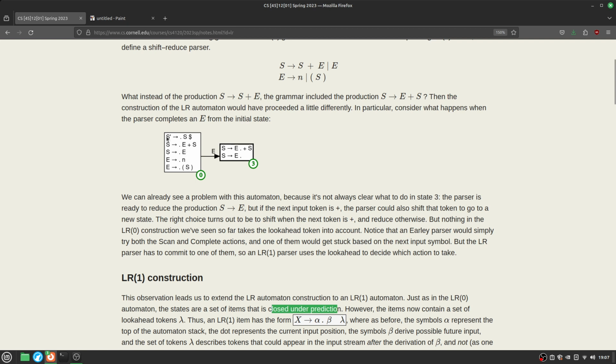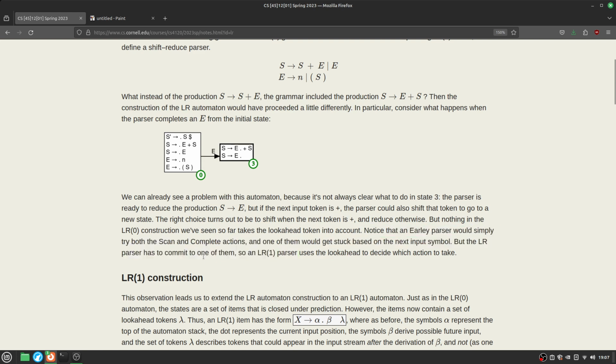So here, this isn't closed under prediction because we need to predict the S. We have S remaining. Then we have an E remaining. And then finally we get to a state where E tends to terminals. So I'm guessing that just means now it's closed under prediction. Yeah, that has to be what it means.